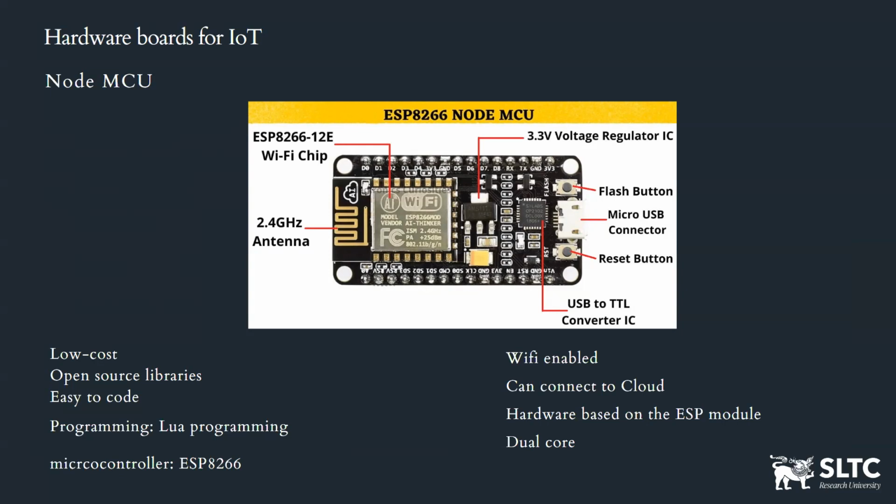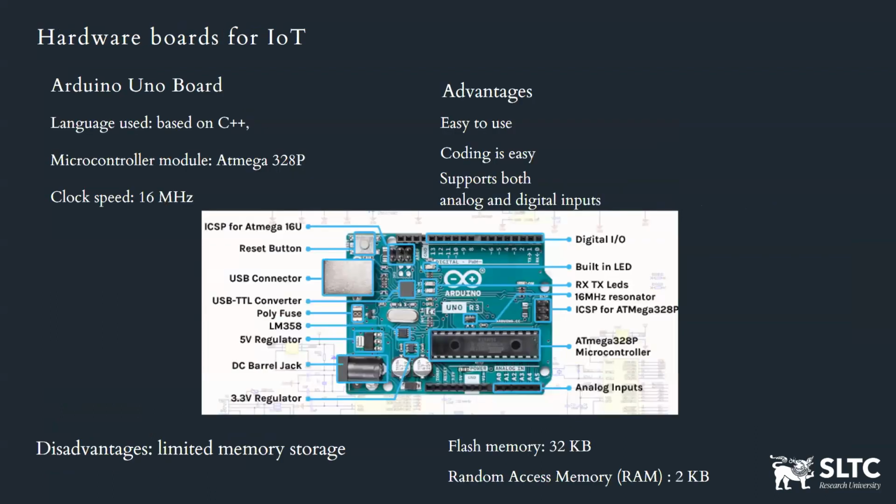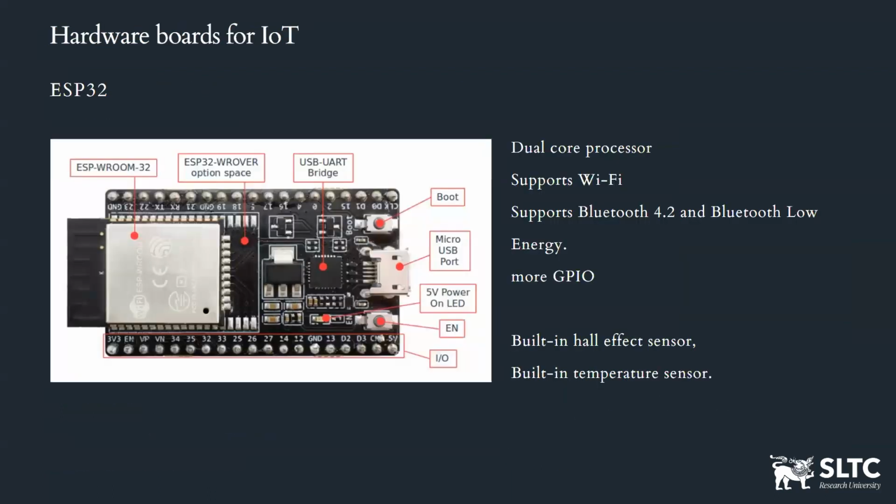It's a low cost microcontroller, and it is easy to code. It has Wi-Fi connectivity, and it has dual core. Dual core means you can do simultaneous processing. Using both the cores, you can do processing much faster than a single core.